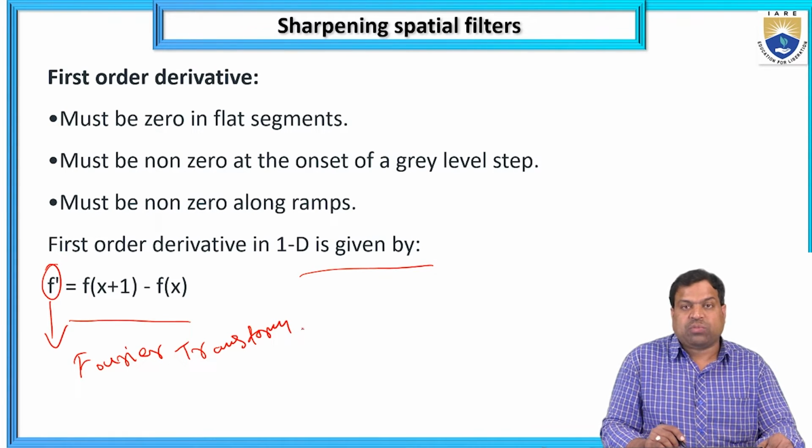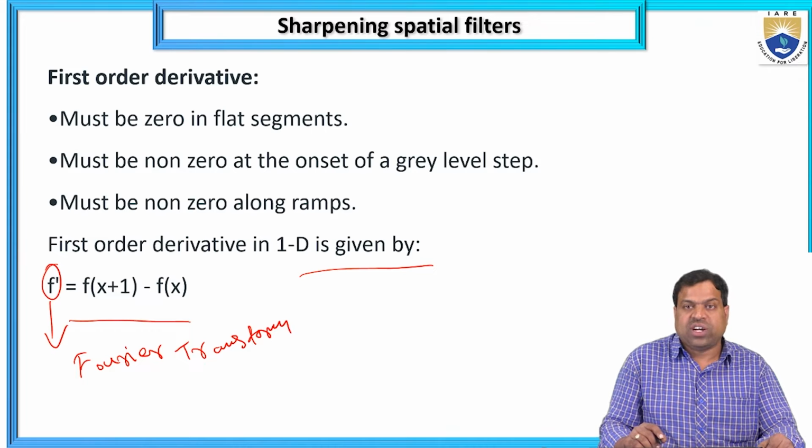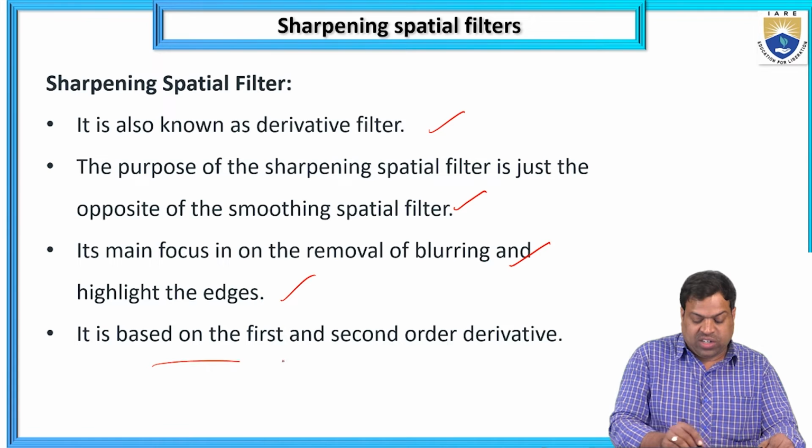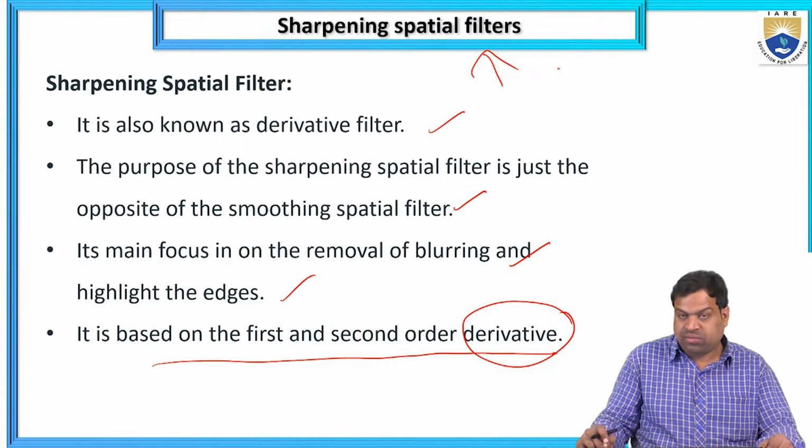What is the use of first and second derivatives? We go for noise removal and removing the blurring, and we need Fourier transforms for original image rectification. First and second order derivatives are used for spatial filtering.